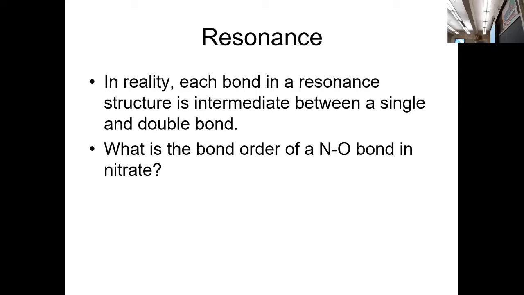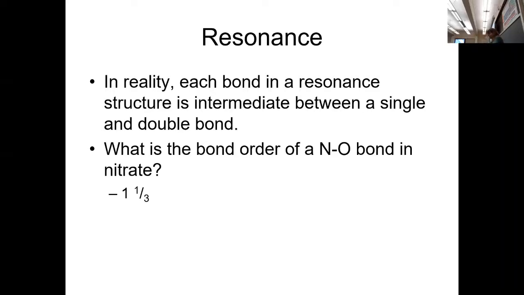The reason we use the numbers instead of saying single and double bond all the time is that if we have this intermediate thing, what do you call something intermediate between a single and a double? That gets really cumbersome. But we can apply a number to it. So it works out to be 1 1/3.